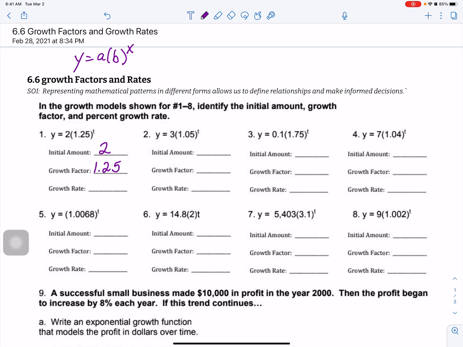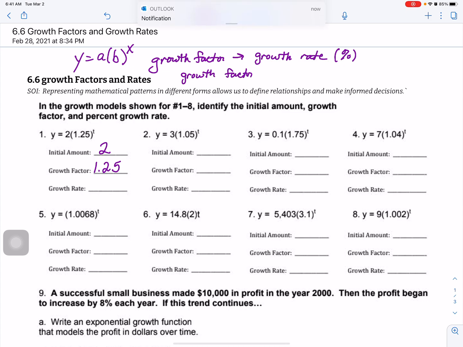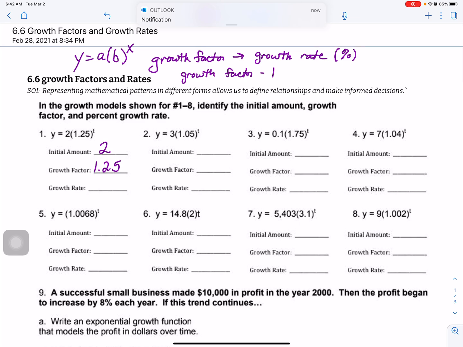So to go from a growth factor to a growth rate, which again is going to be a percent that it's growing by, what I'm going to do is take my growth factor minus 1, and then I'm going to multiply it by 100%.